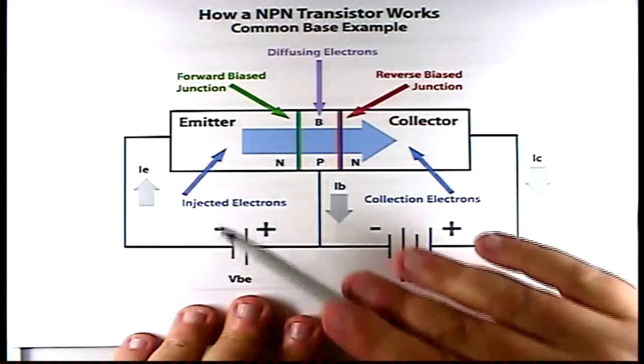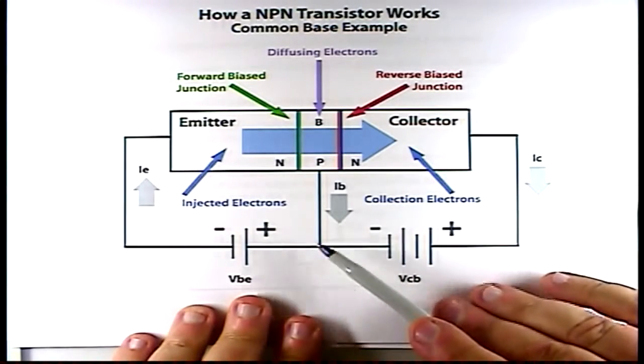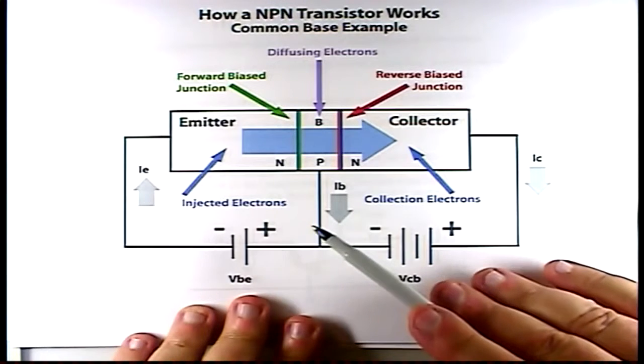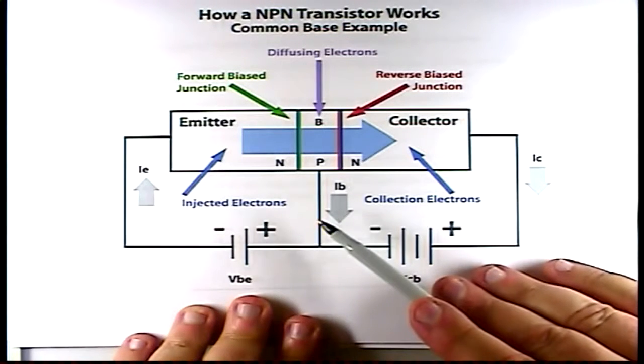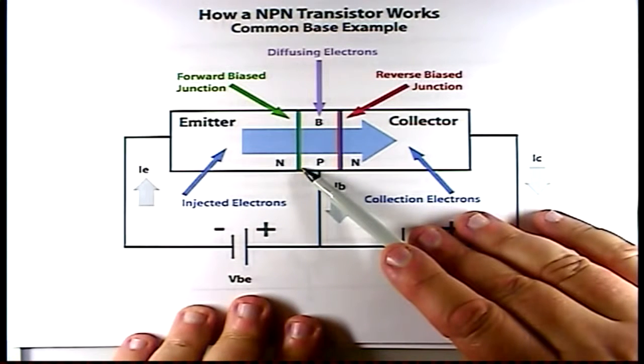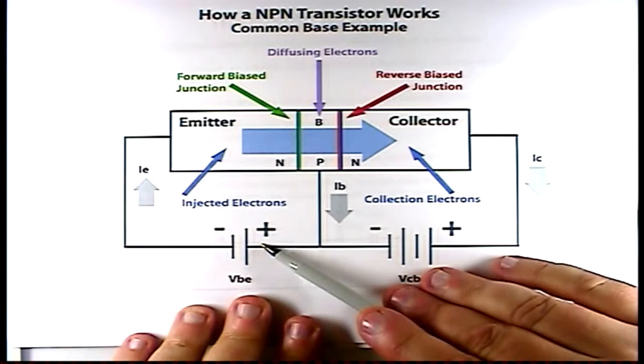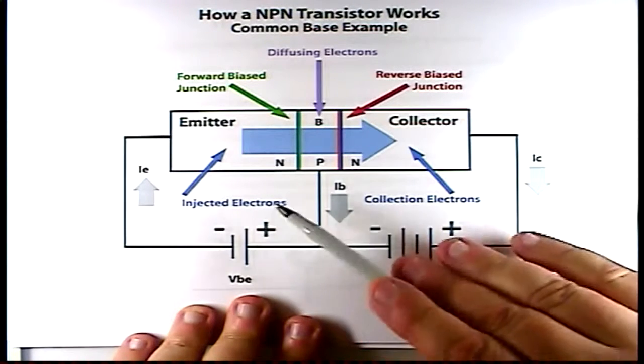Now, if I apply a voltage negative to the emitter, positive to the base, that's going to overcome the inherent bias in the transistor between this junction. So the VBE voltage causes the emitter base junction to forward bias. Now when a junction is forward biased, that means electrons start to flow.